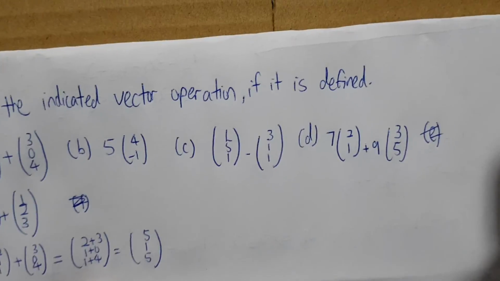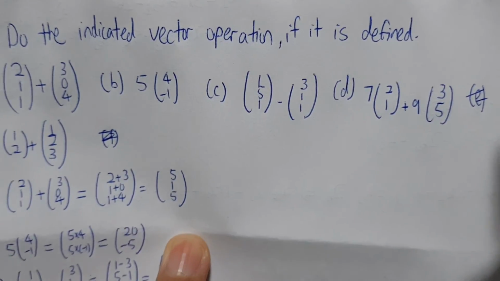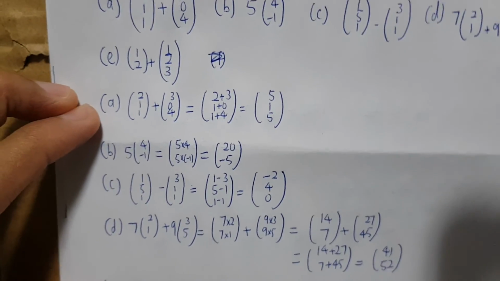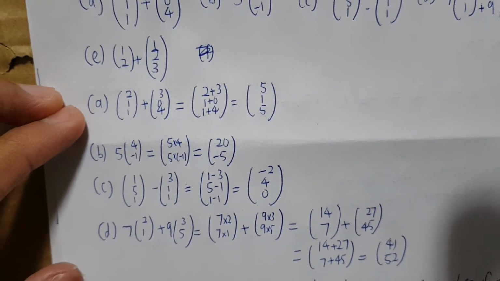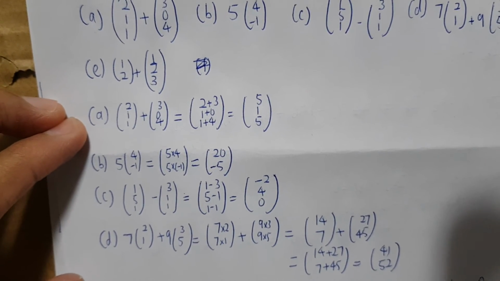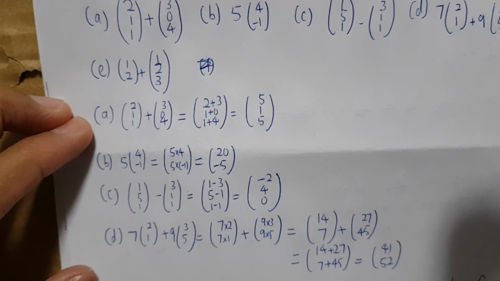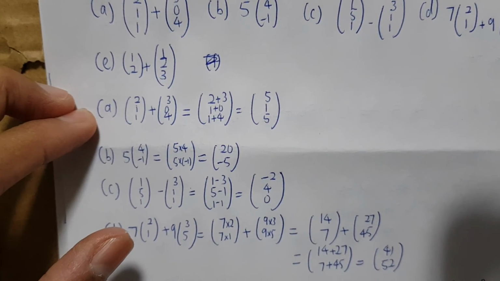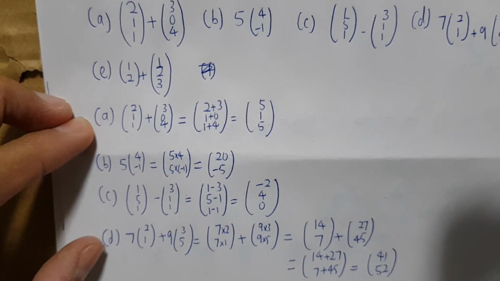How about for C? C is the same, it's just subtraction. You just ensure that both matrices have the same number of rows and columns. So you get 1 minus 3, 5 minus 1, 1 minus 1, which gives -2, 4, and 0.